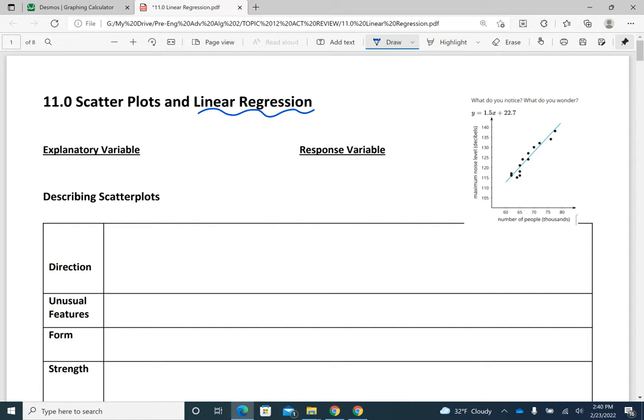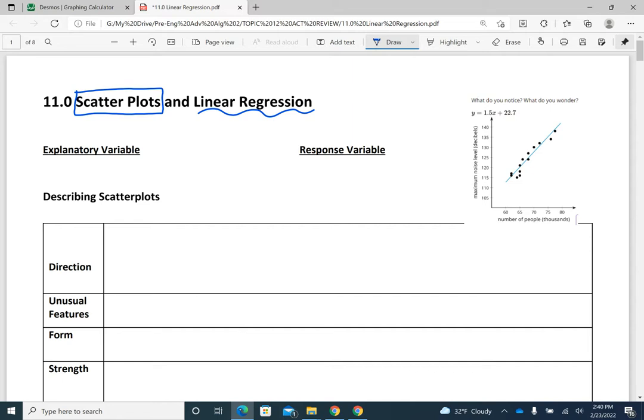First of all, we want to start off with scatter plots. Scatter plots are when you take some data that's been observed, like we have right here. I've got the maximum noise level in decibels plotted vertically and the number of thousands of people. We need to know which variable is the explanatory and which is the response.